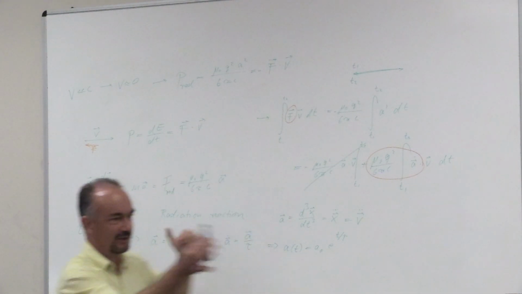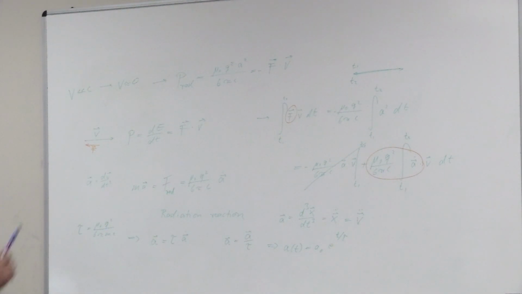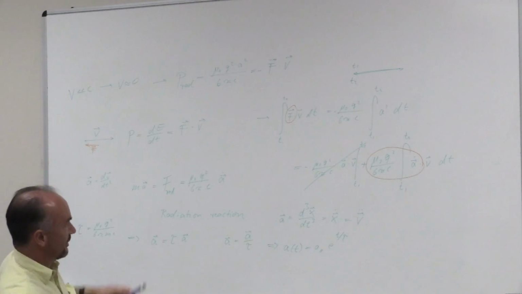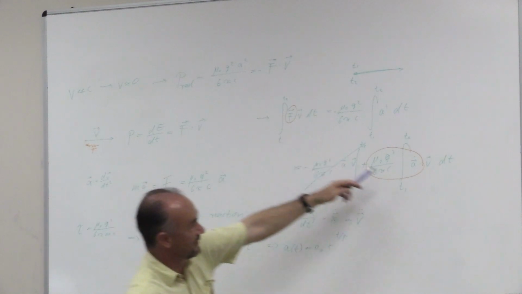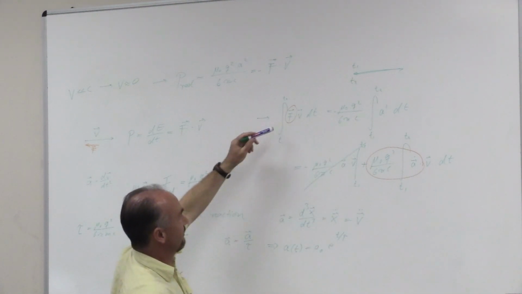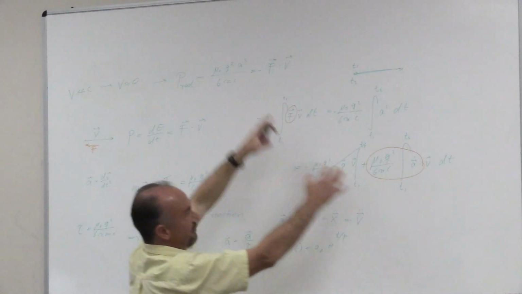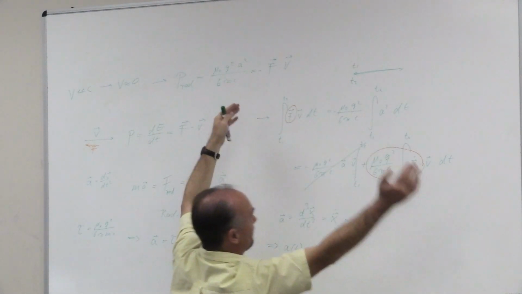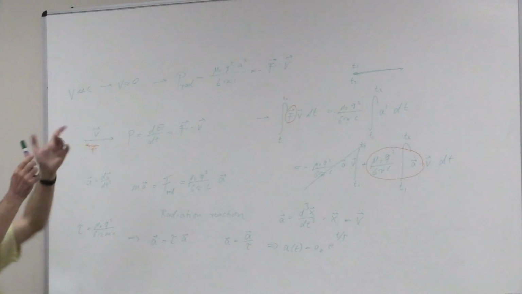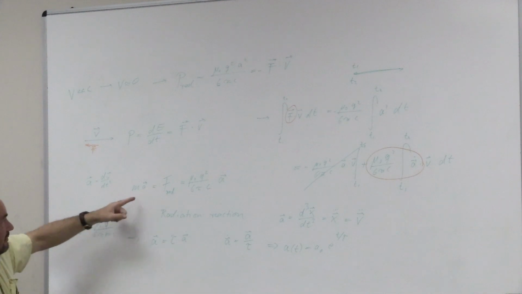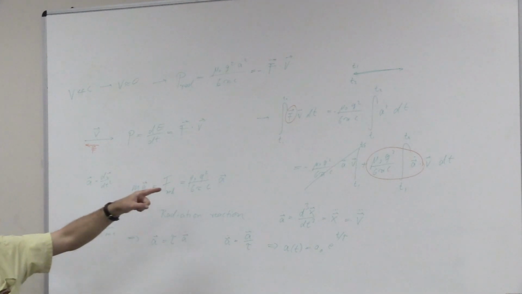So the whole argument that the book makes, I really don't understand why it's written that way, it just doesn't work. And also, what this means is that it's only valid in the integration, in the average over this whole cycle. This doesn't necessarily have to hold at every time.